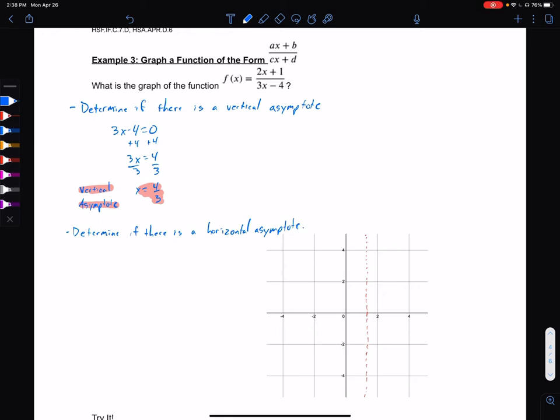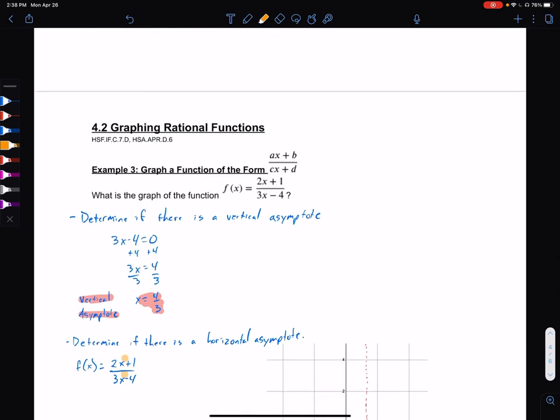To do that, we need to look at our function and compare the degree of the numerator and the degree of the denominator. Let's do this one in orange. The leading degree of the numerator and denominator is 1. It's the highest power.